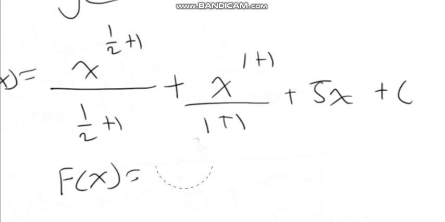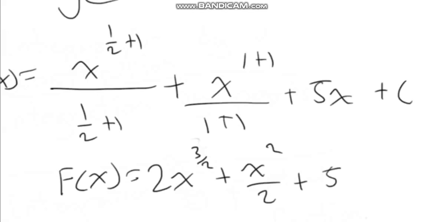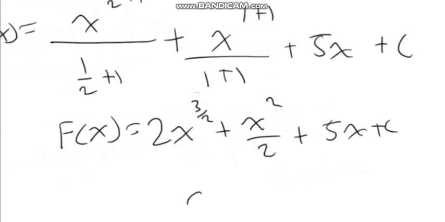So there's gonna be 2 times x to the power of 3/2 plus, 1 plus 1 is going to be 2, so x squared over 2 plus 5x plus c, and c is a constant. C is a constant, and it can be any number.